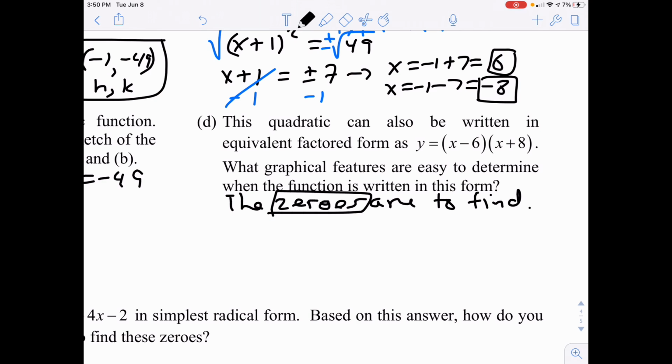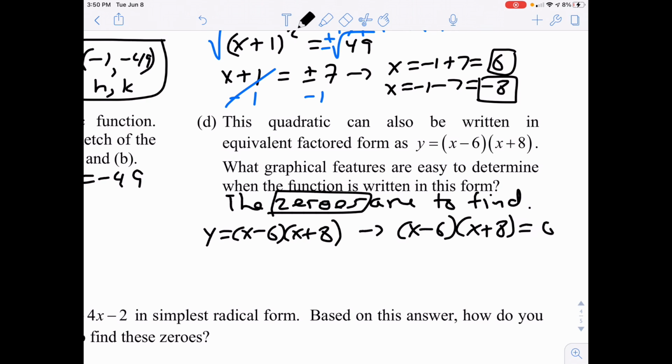Here's what I mean. If we were to take this form right here, we would get y is equal to x minus 6 times x plus 8. And if you were looking for zeros, what do we do? We set y equal to 0 and solve for x, right? Well, that would mean x minus 6 times x plus 8 equals 0.